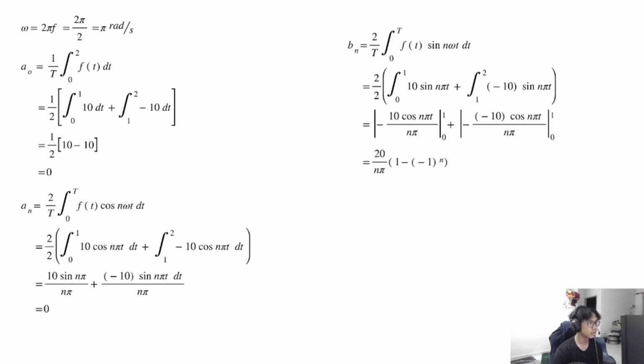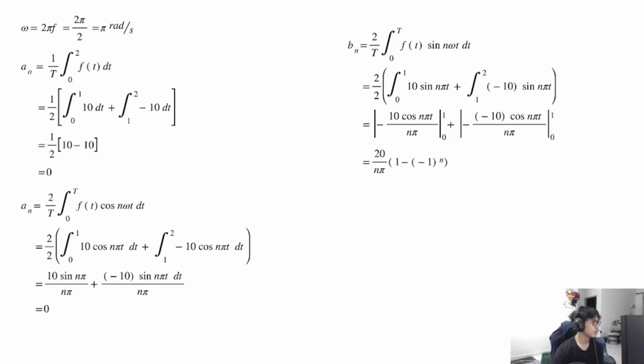I'm going to present the manual calculation. First of all, we need to find the Fourier series. For the angular frequency, we use omega equals 2 pi f, where f is 1 over T, which is 1 over 2. So 2 pi over 2 is pi.